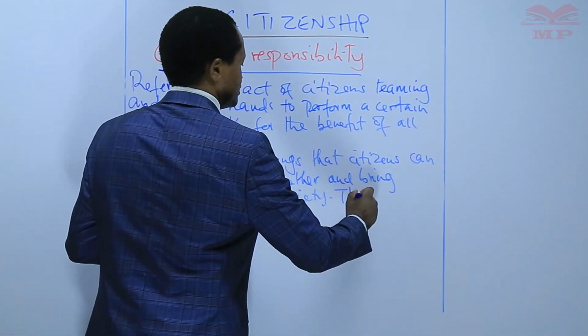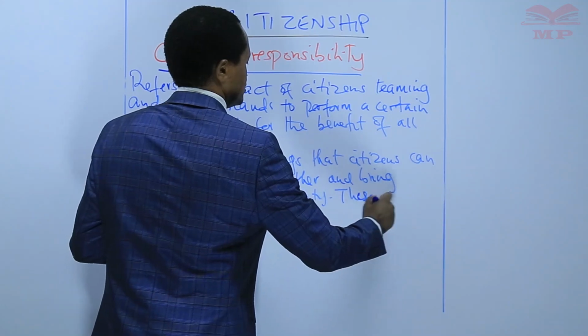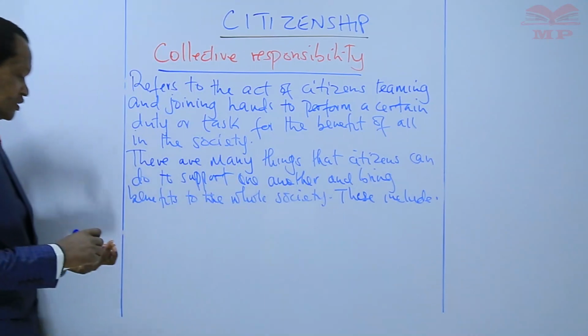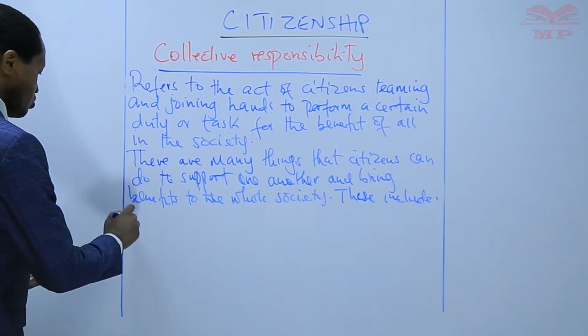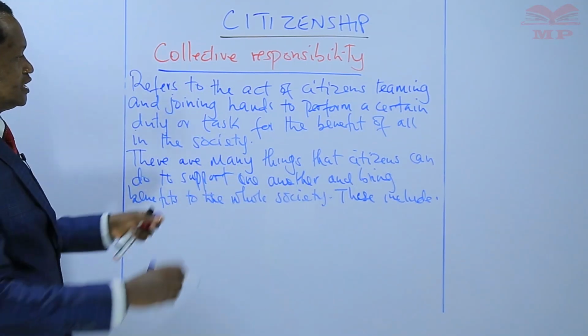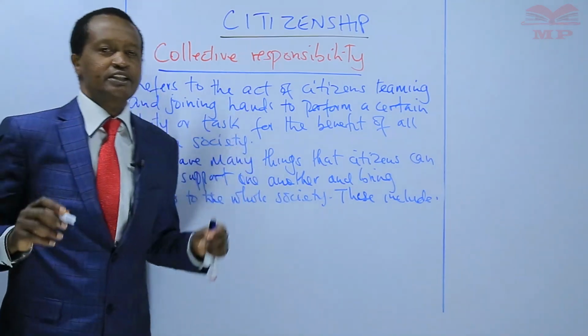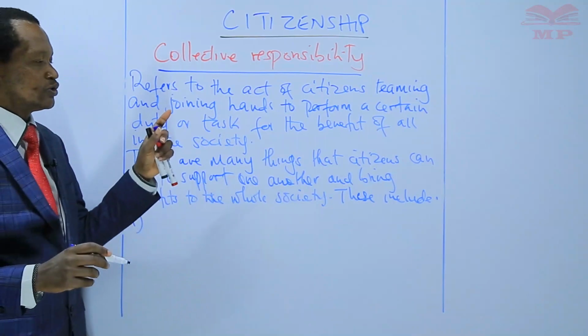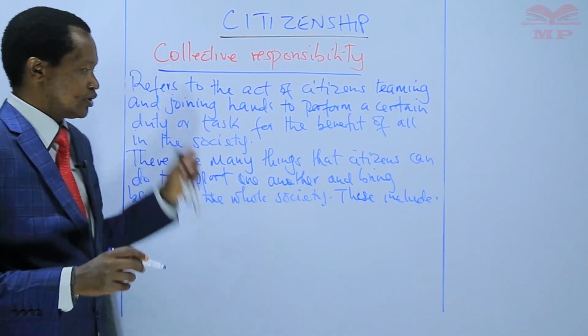These things include: one, we've said there are many things that citizens can do to do what? To support one another so as to bring benefits to the whole society.